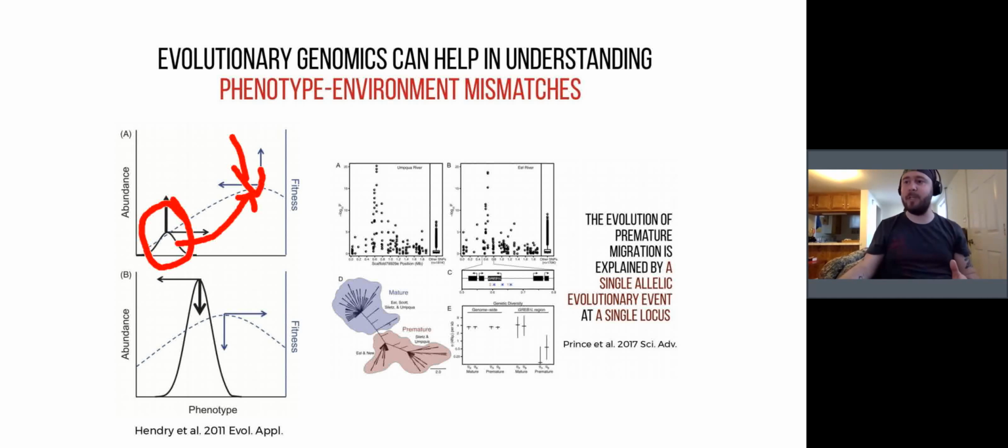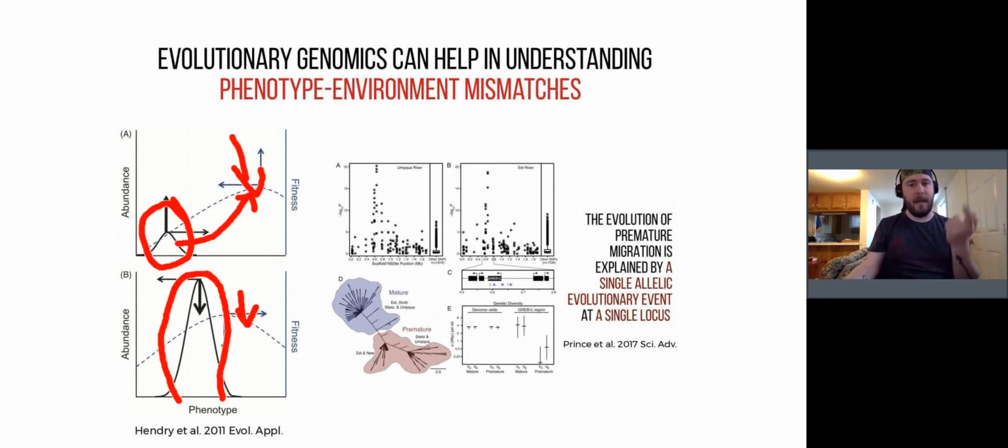We can have, for example, insect populations that are resistant to most of our pesticides and have high fitness, and we want to reduce it to this level so that we can combat them. So again, this is an evolutionary problem. We have to understand the process of adaptation so that we can modify them through time to solve some of the problems that we see today.